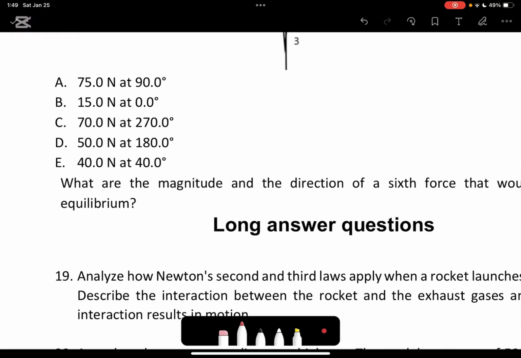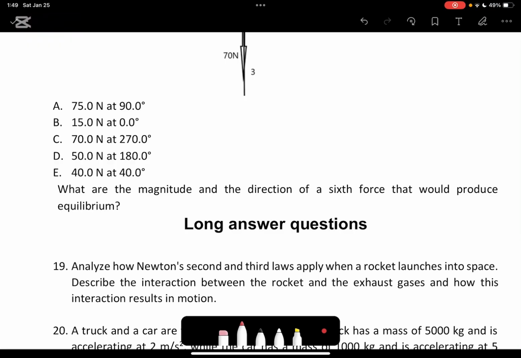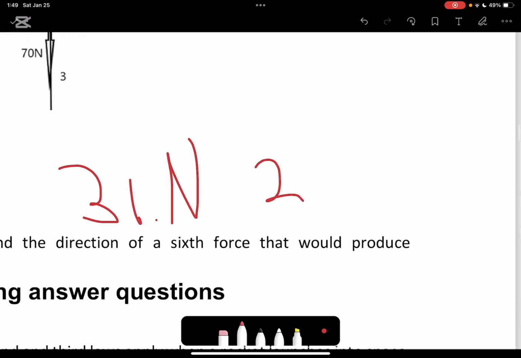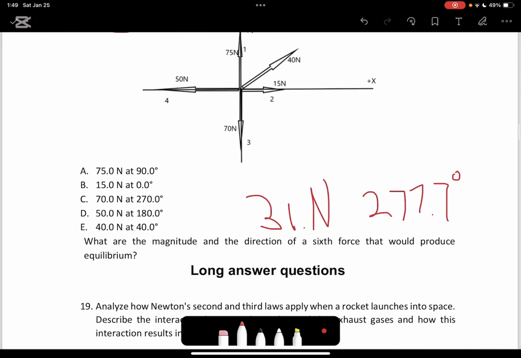So equilibrium is 31.0 newtons, about just 31, at an angle of 277.7. That's the answer.